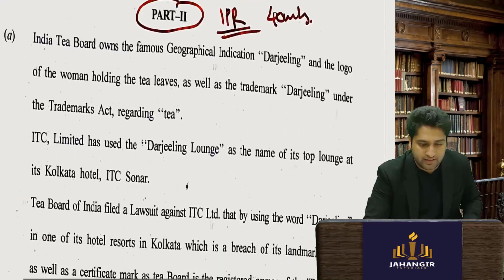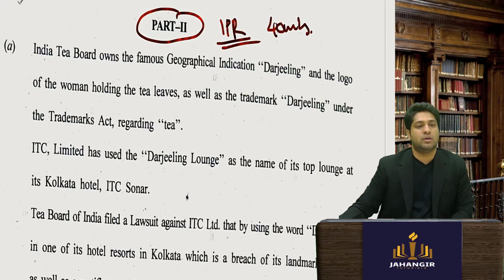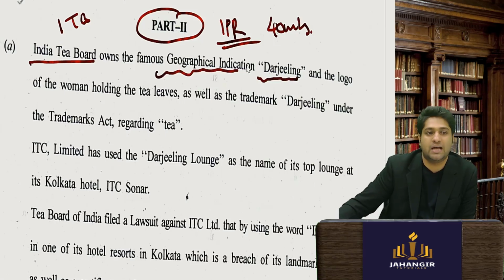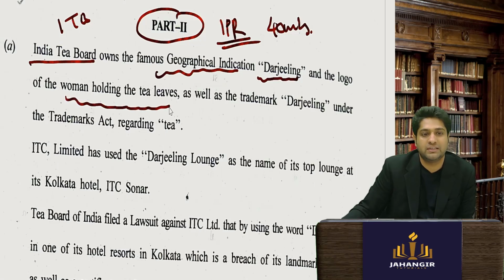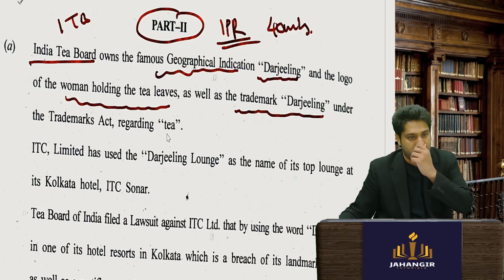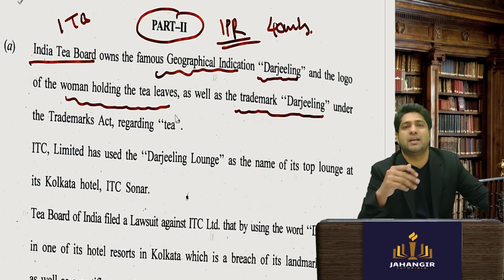What they have said is the Indian Tea Board, ITB, owns a famous geographical indication called Darjeeling and the logo of a woman holding the tea, as well as a trademark called Darjeeling under the Trademark Act regarding tea.